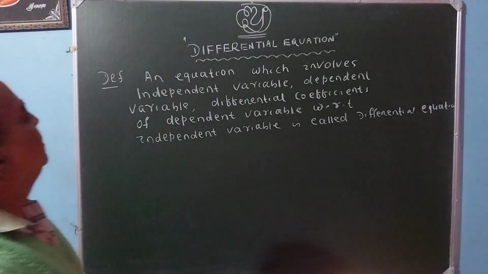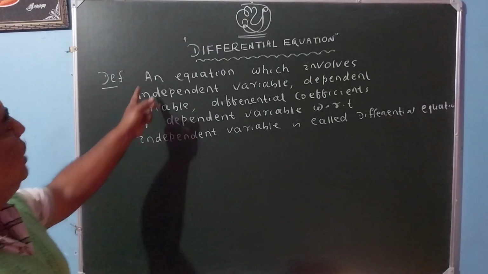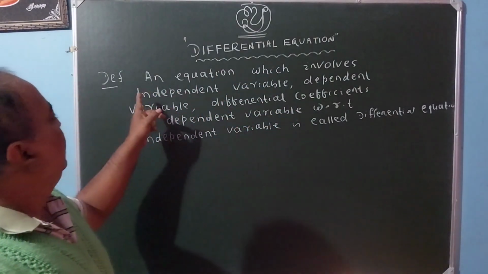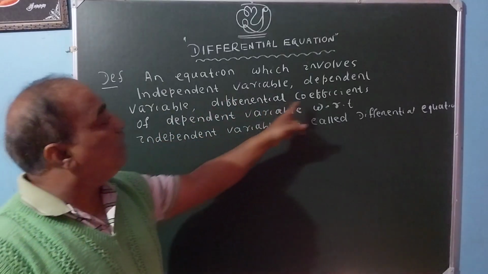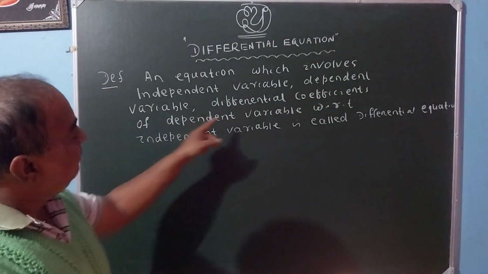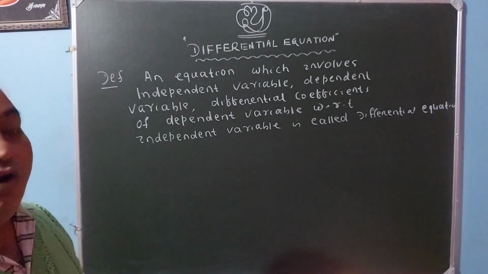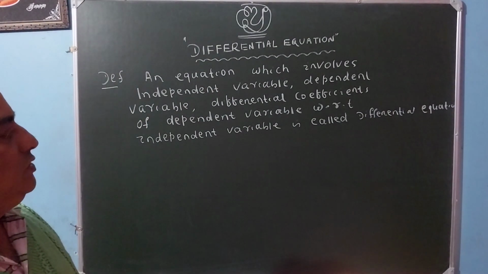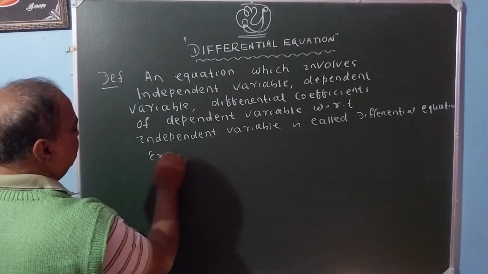Okay. First of all, we know the definition of differential equation. An equation which involves independent variable, dependent variable and differential coefficients of dependent variable with respect to independent variable is called a differential equation. Now let us take examples of differential equation.